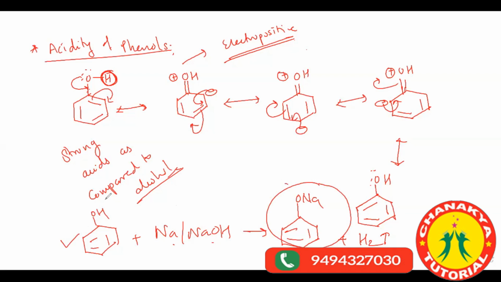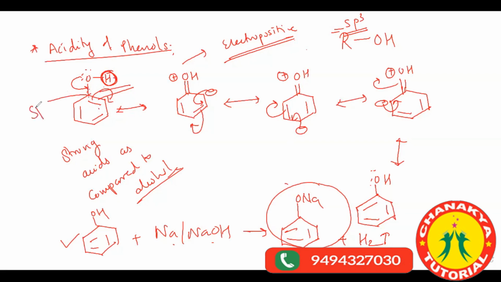And apart from that, the donation of proton will not take place easily in the phenol, how it happens in your alcohol. The other reason is what? If you see the alcohol, R is directly attached to OH in the alcohol. But this R is nothing but sp3 hybridized, right? But in this phenol, your carbon, which is attached to a carbon-carbon double bond, is completely joined with your OH group.